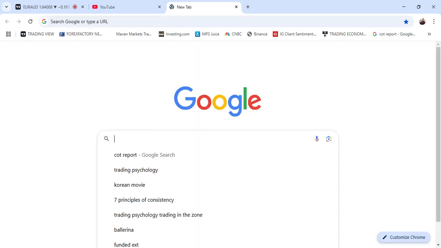Once you go to your Google, you just have to type www.tradingview.com.